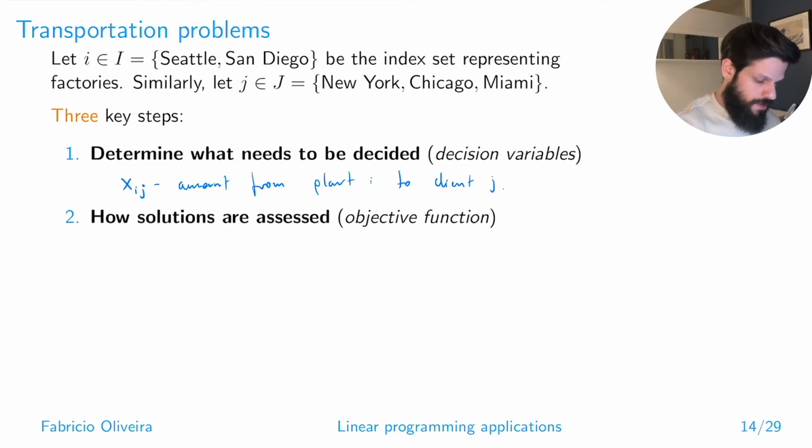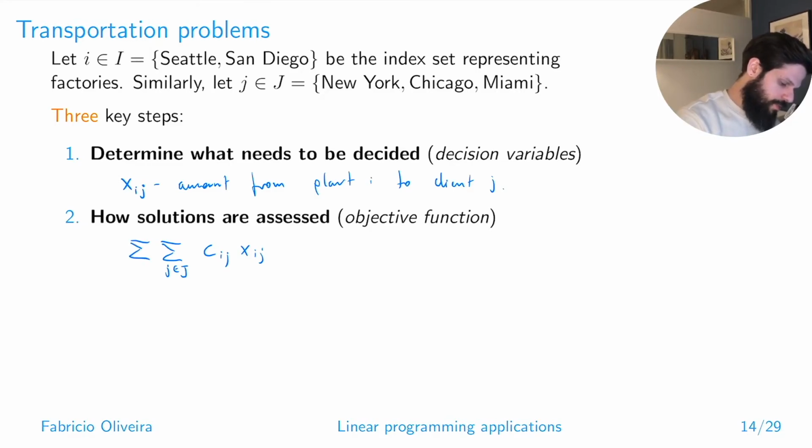And how am I going to evaluate a production plan? Well, it's going to depend on the amount it costs me to do the distribution plan, and that cost is given by the unitary cost of sending a product from plant I to client J times the amount I send from plant I to client J, and these are all summed over all clients J and all production plants I. By the way, quite often what we're going to do is just write this as the sum over I and J of C_ij X_ij.